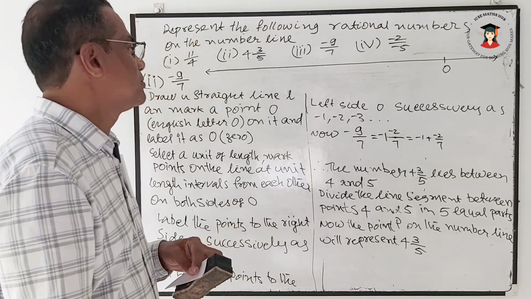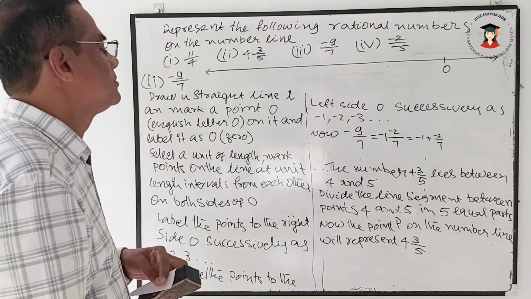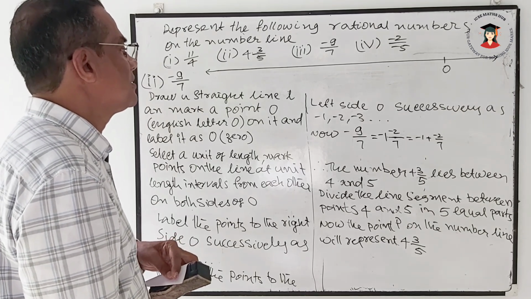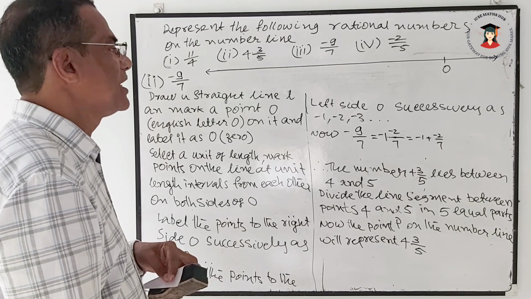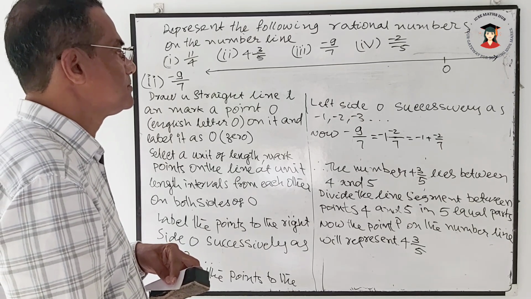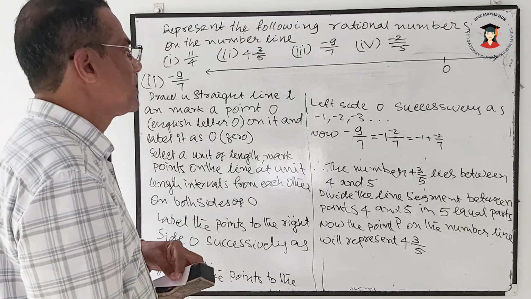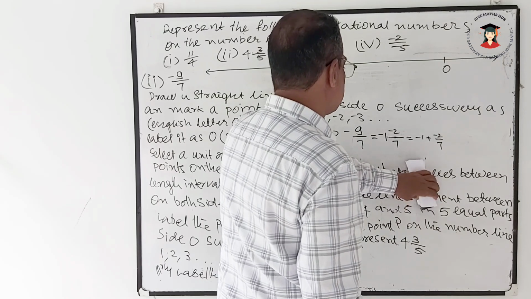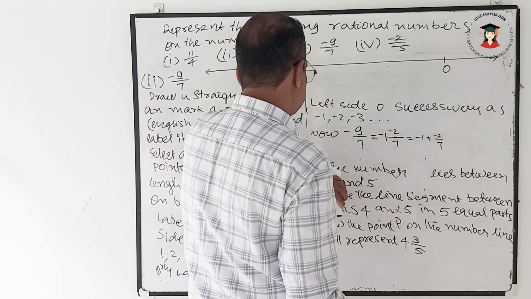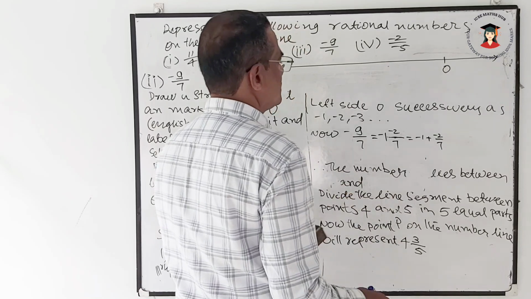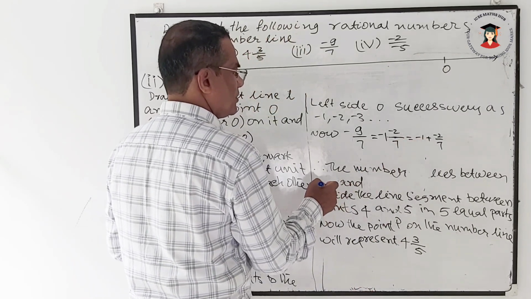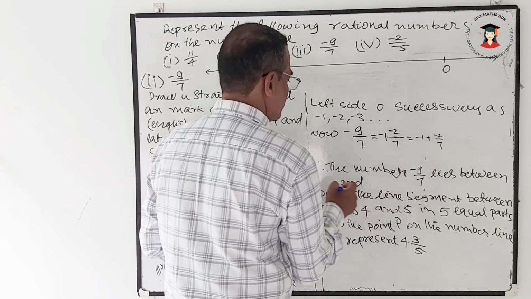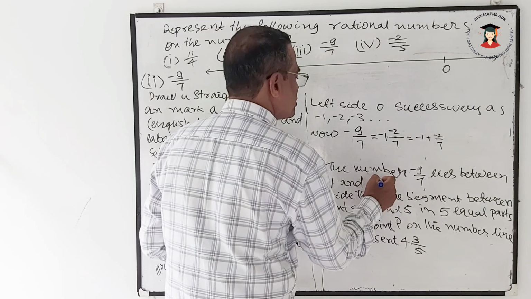Minus 7 plus minus 2 will be equal to minus 9 by 7. So it is minus 1 plus minus 2 by 7. So the number is less than minus 1. Minus 9 by 7 lies between minus 1 and minus 2.